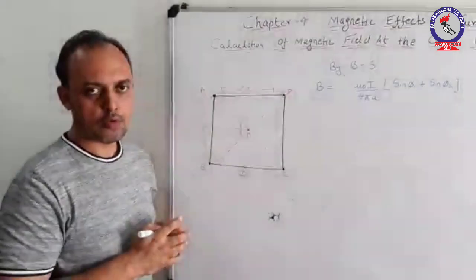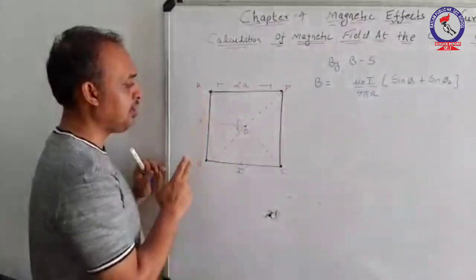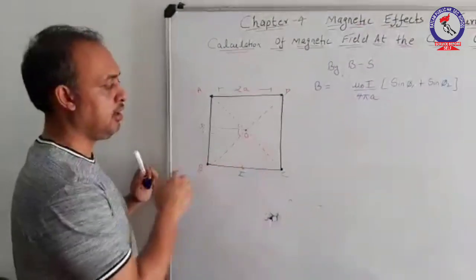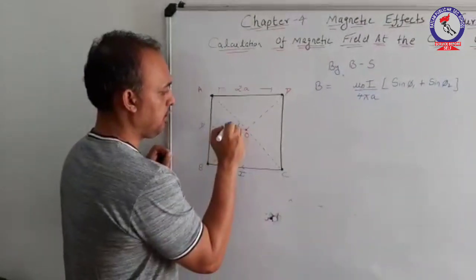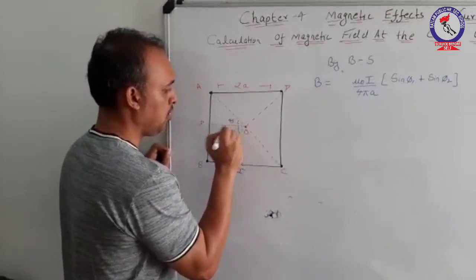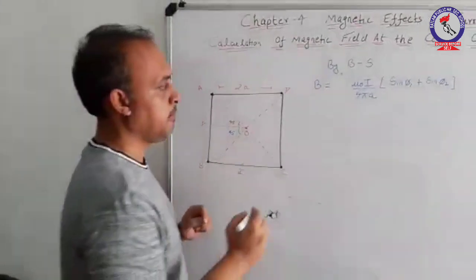By the concept of geometry we know that these edges subtend an angle of 90 degree at the center, which implies that each of the angle is 45 degree.